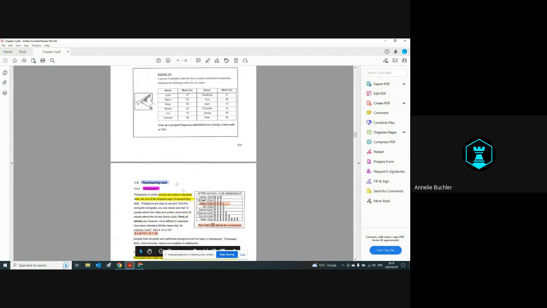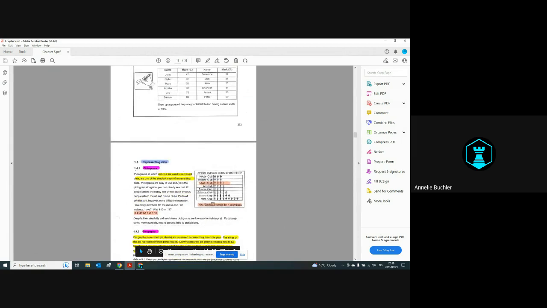Now we're going to move on to representing the data. Pictograms is another definition where pictures are used to represent the data. And it's a simple, easy way of representing information. Now, let's say they're going to ask you, how many members did the chess club, for instance, have? Was it 13 or 14?